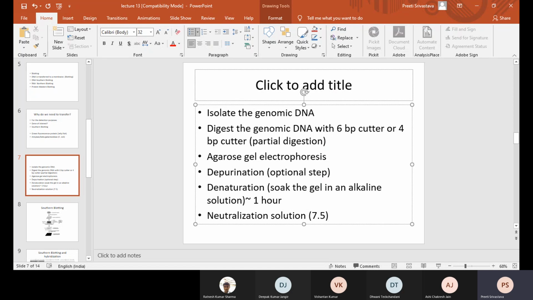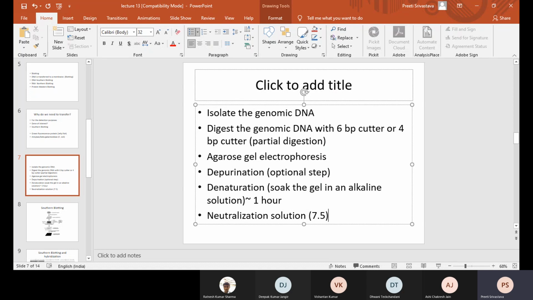When you treat your gel with hydrochloric acid, depurination is done in an acidic solution with a lower pH, for about half an hour. The easiest way to find out that depurination is successful is that the blue dye, the bromophenol blue, changes its color. It becomes yellow, and when you put it in denaturation solution, it again becomes blue.